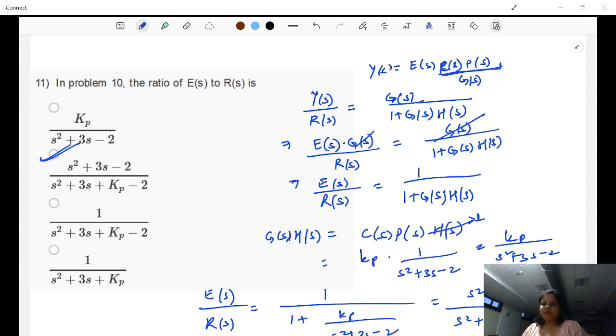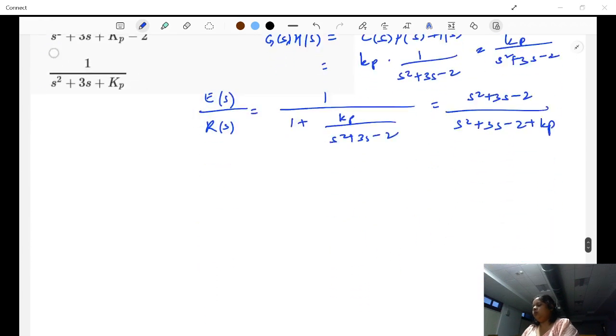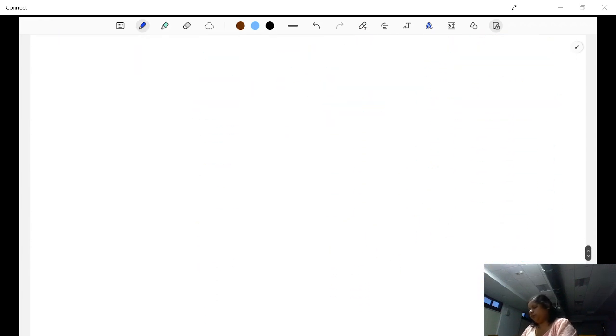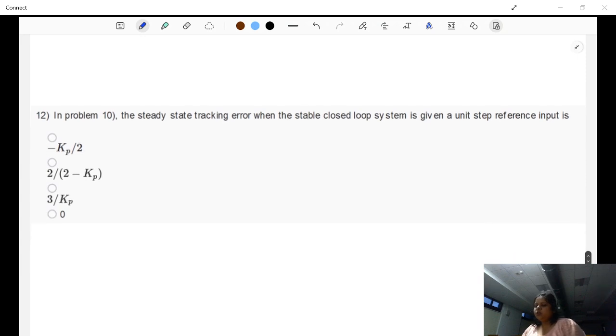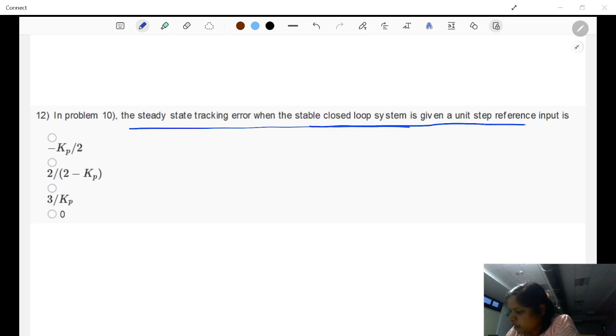Okay, so this was also a very simple question. We just had to find out E(s) upon R(s). It was just finding out error upon the reference input transfer function. Okay. So in the same problem, the steady state tracking error when the stable closed loop system is given a unit step reference input.